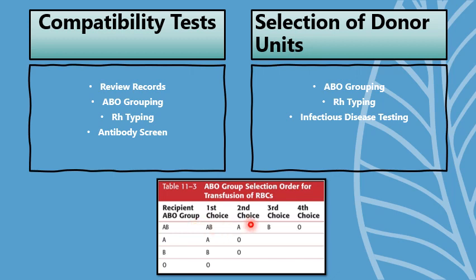Pero itong second, third choice, and fourth choice, last resort na yan, class ha. So for last resort na yan ibibigay. Okay? So kung wala na talagang choice. And then ito dapat, this one, the O here, in A, B, and AB should be O negative. As much as possible, it should be O negative.